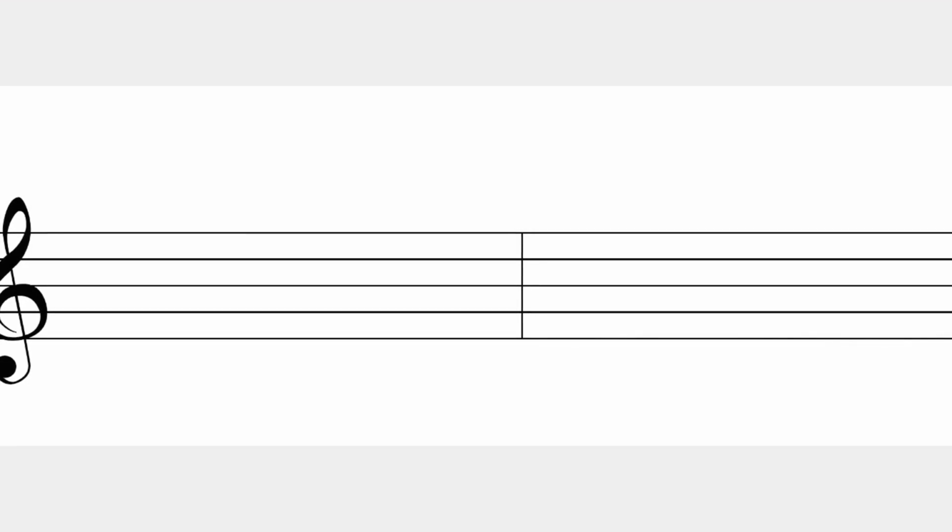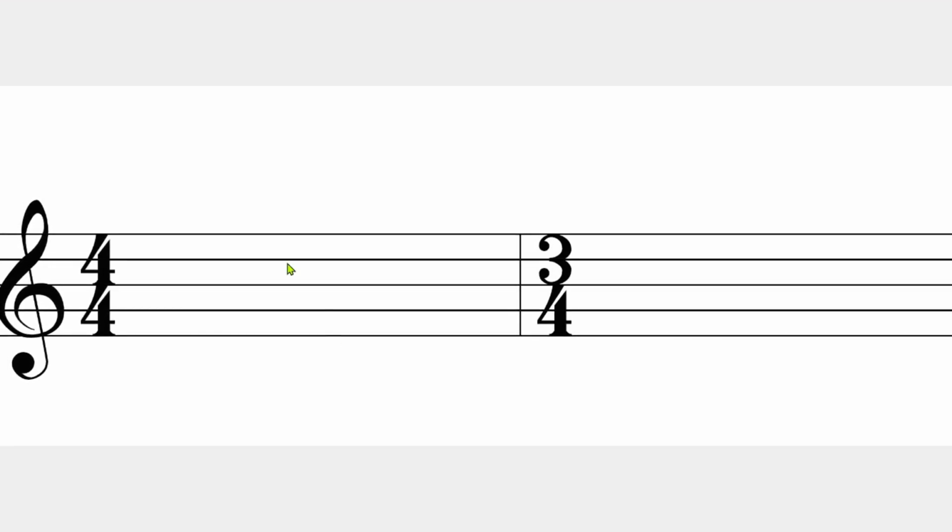Time signatures define the amounts and the type of notes that each measure contains. So the first measure is in 4/4 time, and the second measure in 3/4 time.